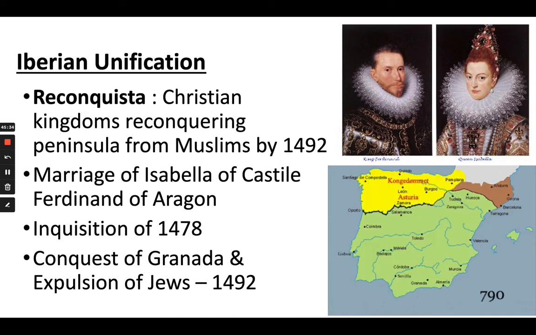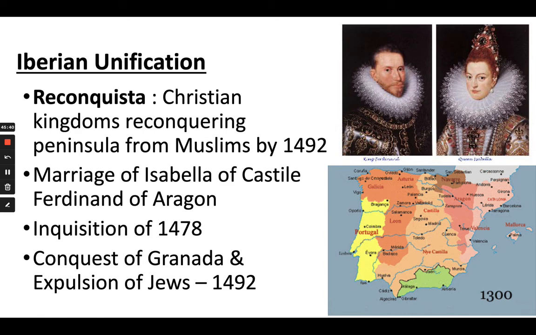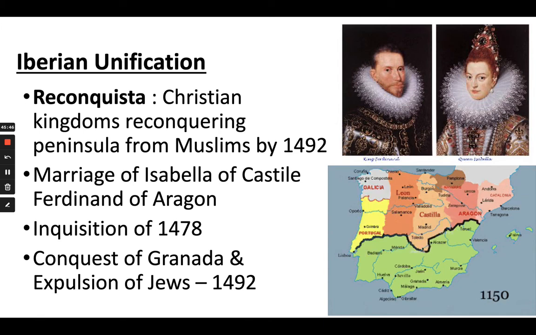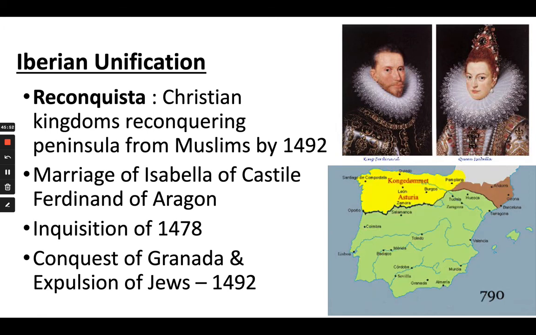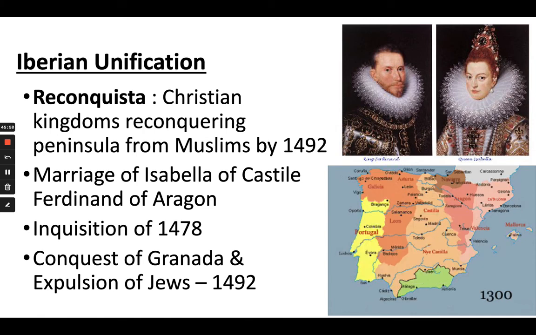And part of that deal includes them signing a document as Ferdinand and Isabella, and it means he gets credit for basically all of her hard work and history because his name comes first on a document. But she helps organize the Reconquista. So the Reconquista is the reconquest of the Iberian Peninsula, and it will be successful by 1492.